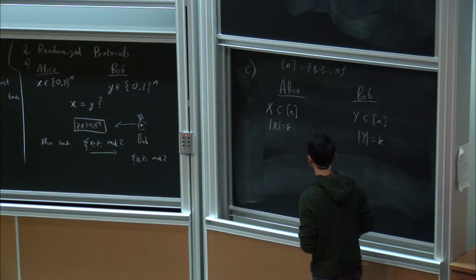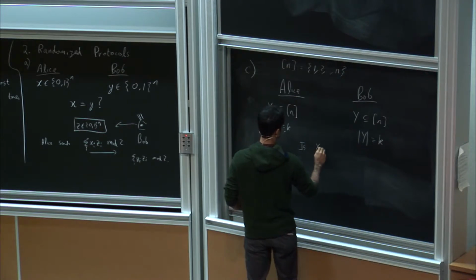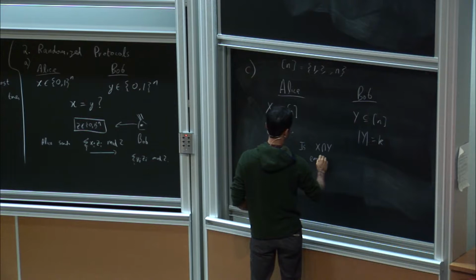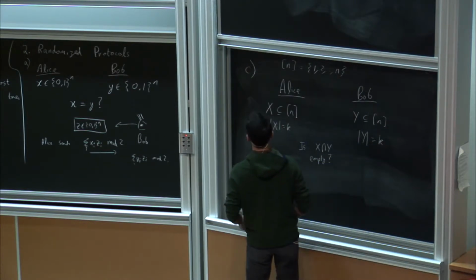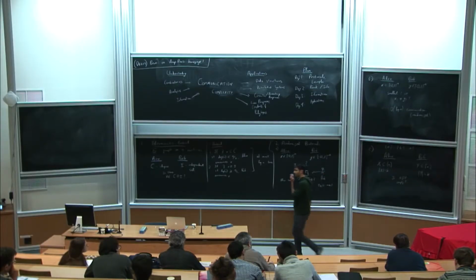And what they want to know is: are X and Y disjoint or not? So is X intersect Y empty?